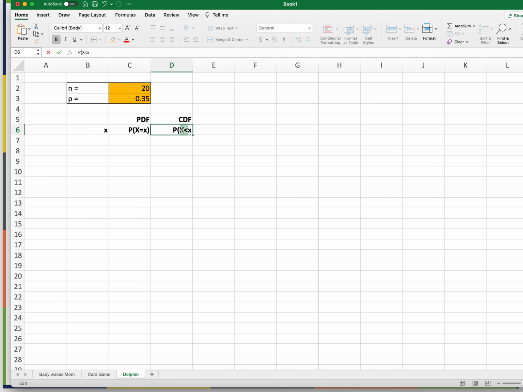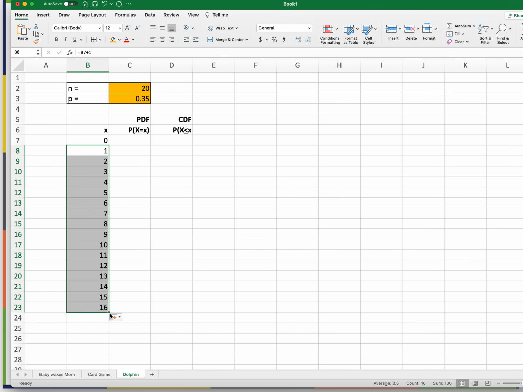And to make it less than or equal to, what am I going to do? I'm going to use the underline again on the less than sign. So what do we have? 0. And what do we say we wanted? How many do we want to have? You could have the dolphin perform the trick out of 20 times, 0 times, or he could do it 1 time out of 20, or he could do it all 20 times.